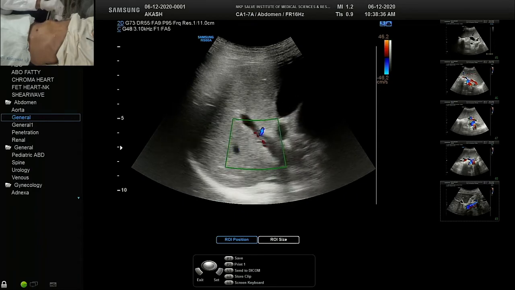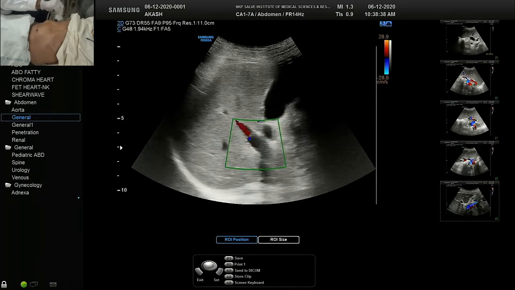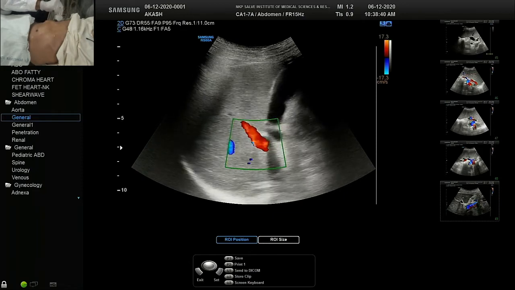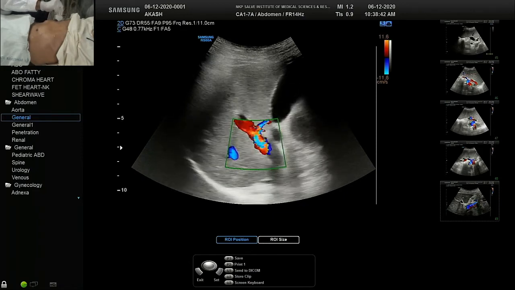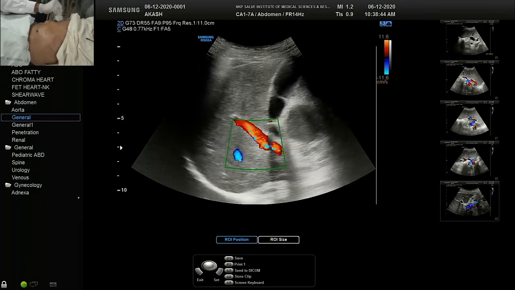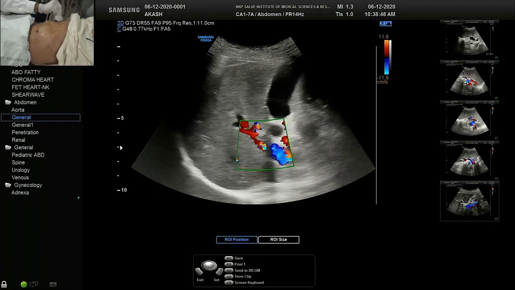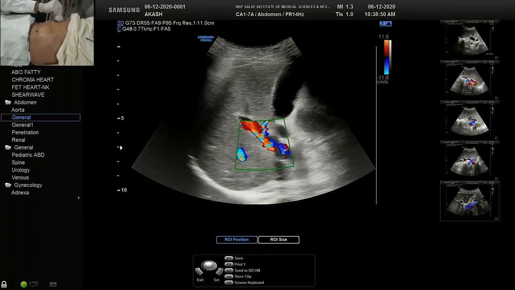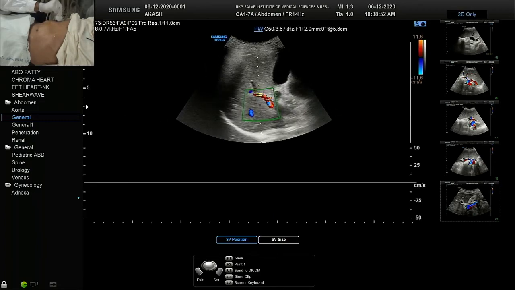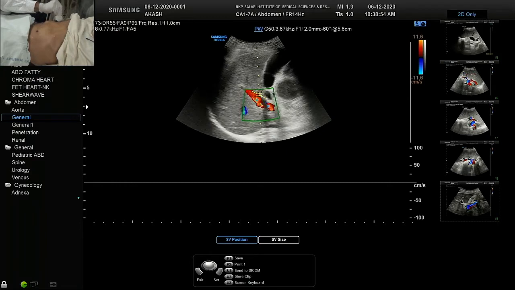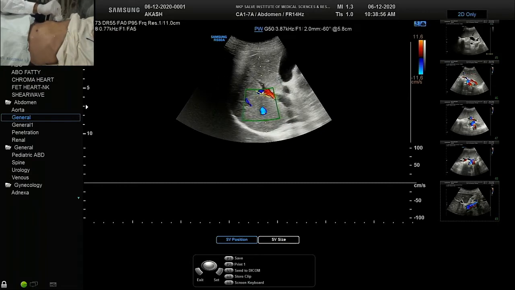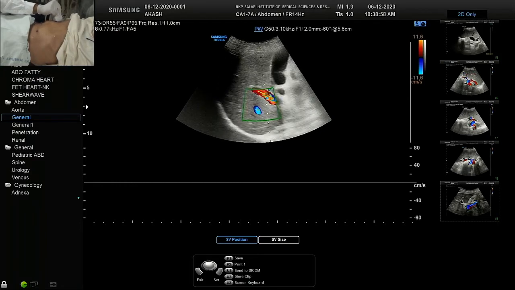Portal vein is not showing flow, so check 1, 2, 3. We check our PRF. PRF was too high. We reduce the PRF and now we can see the portal vein flow. We can measure it now and do the angle correction. Change our probe position to get a correct angle.